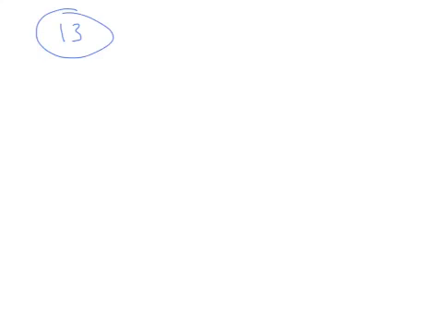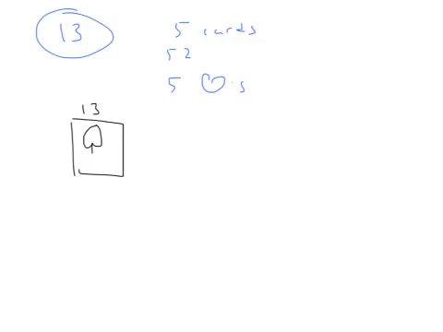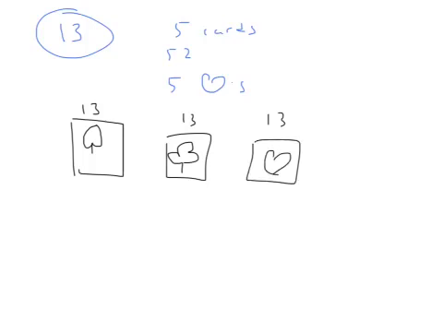In 13, we're taking 5 cards from 52, but it says how many ways can I get 5 hearts? So if you're getting 5 hearts, what that means is, if you think about cards, we have 13 spades and 13 clubs, and 13 hearts, and 13 diamonds.